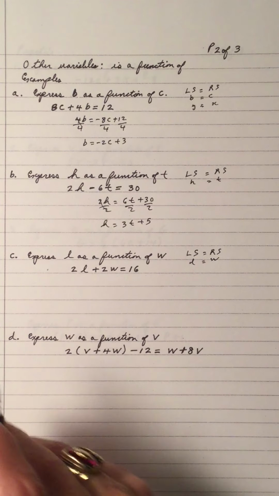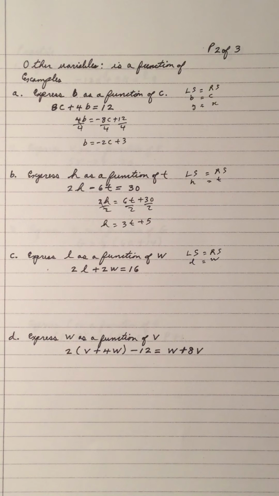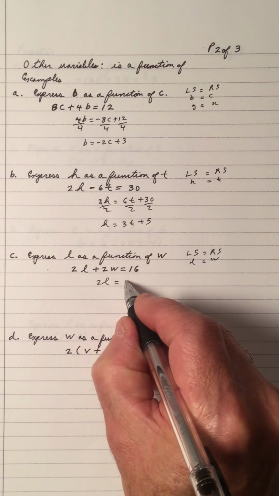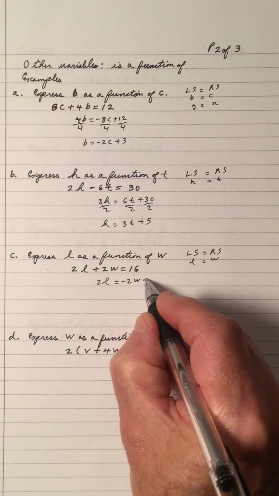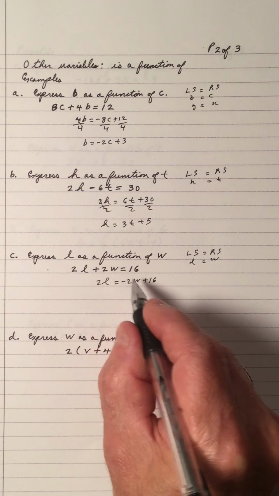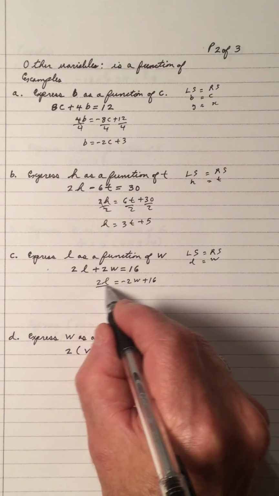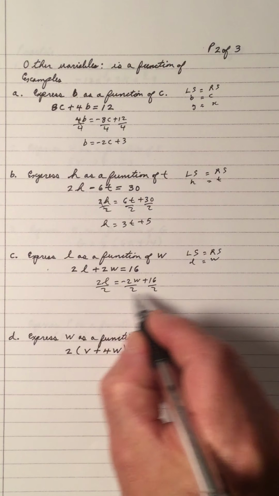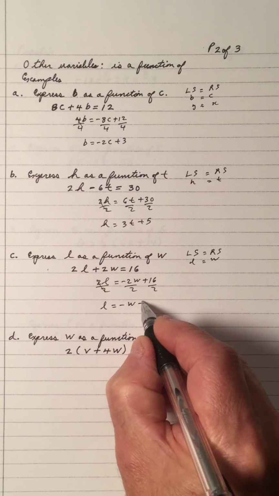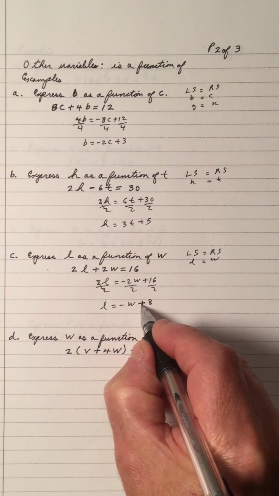That's the way my brain takes the math. So I'm going to solve for L. So 2L equals negative 2W plus 16. And 2W moves over to become a minus, 16 positive, and we divide by 2. So L equals negative W plus 8.